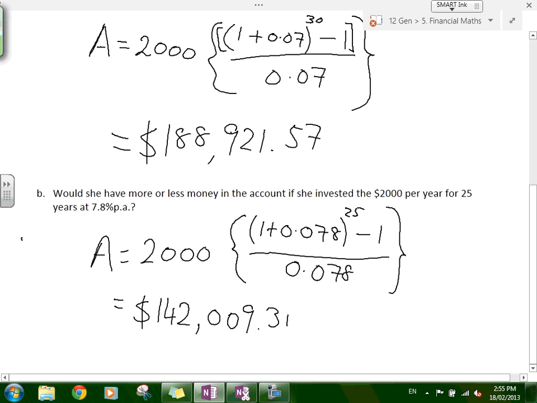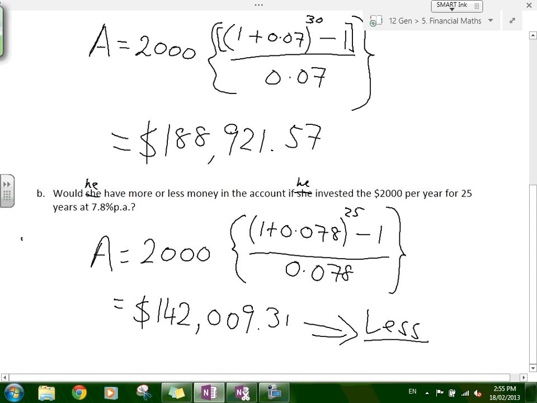All right. So would he have more or less money in the account if he invested for 25 years? Well, this would be less. So the conclusion is it's less.